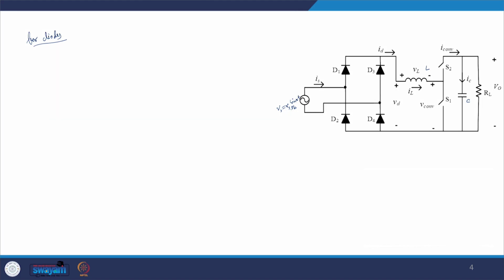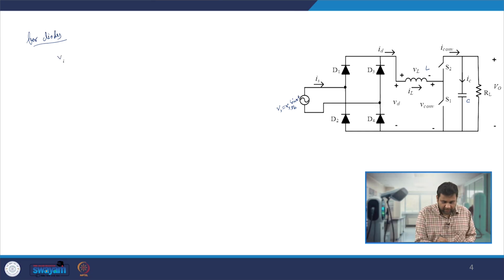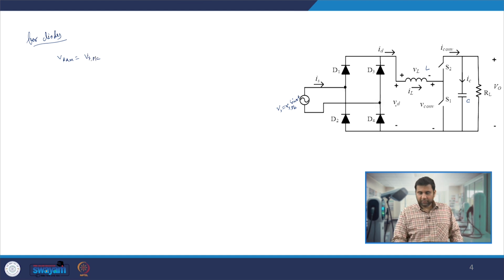So you can easily write that the peak voltage these devices have to block, VRRM, is nothing but Vs peak, because your VD is nothing but the modulus of Vs sin omega t, that is Vs peak sin omega t.